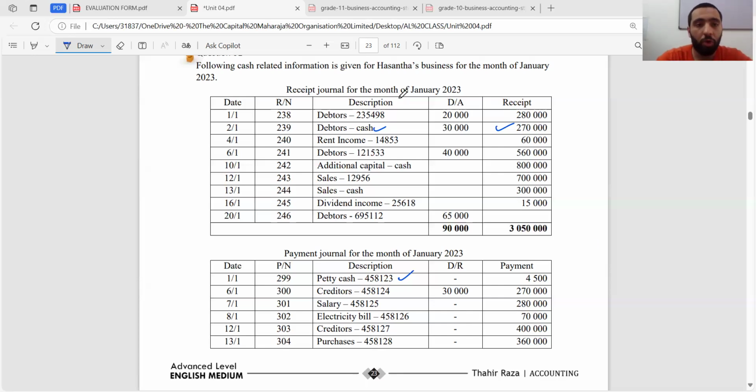Okay. So what I want is the unreconciling items. There are four unreconciling items. What are those four?